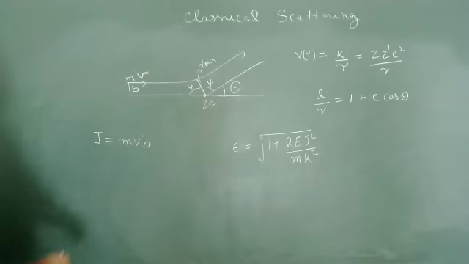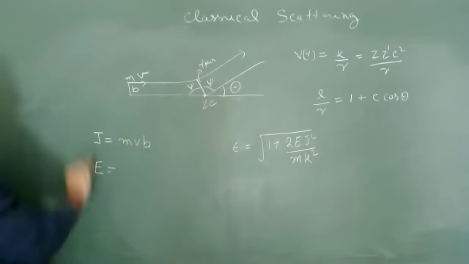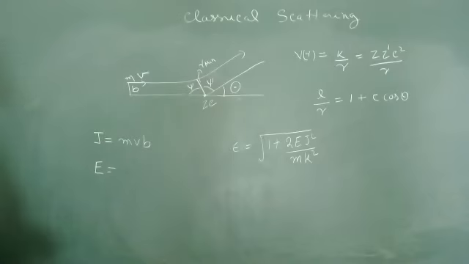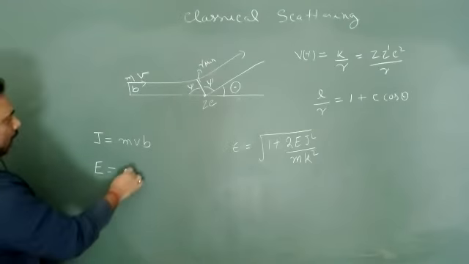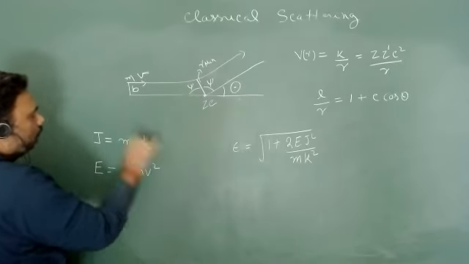Now, what is your total energy of a system when you are sending it? Half mv square. What is this? Only kinetic energy. So that will be half mv square.